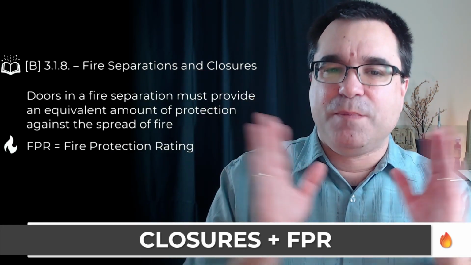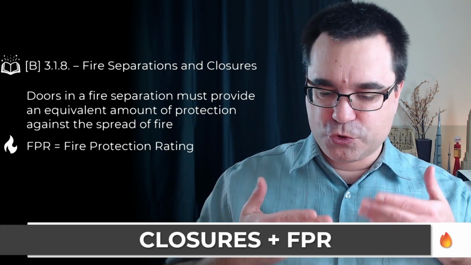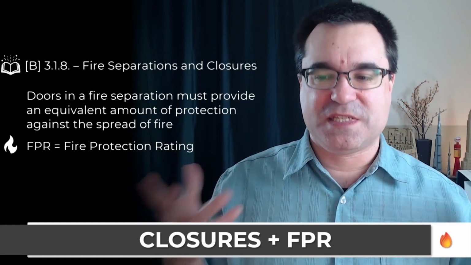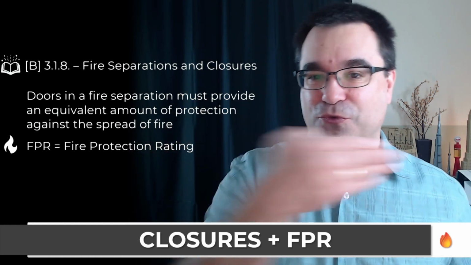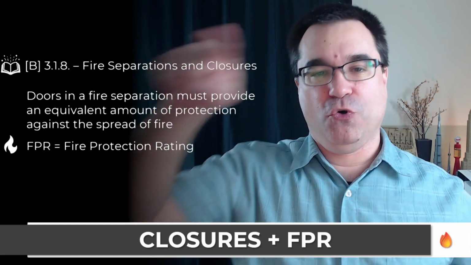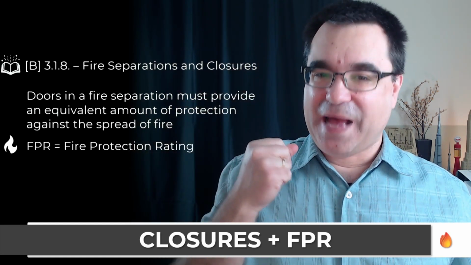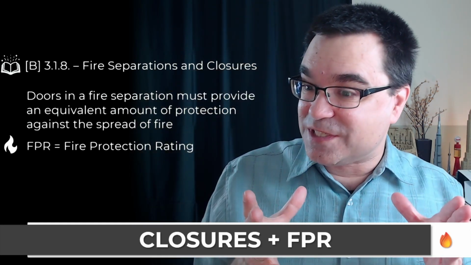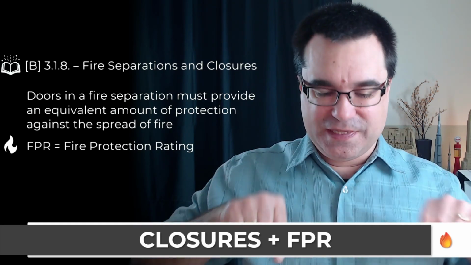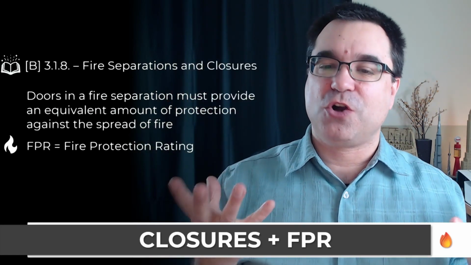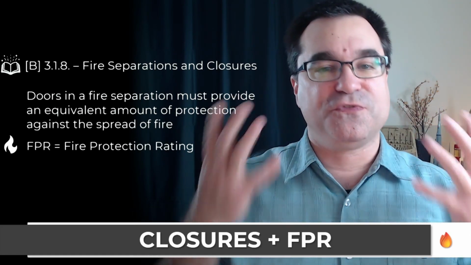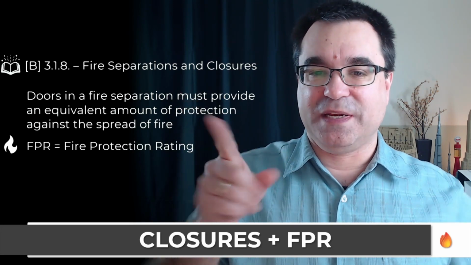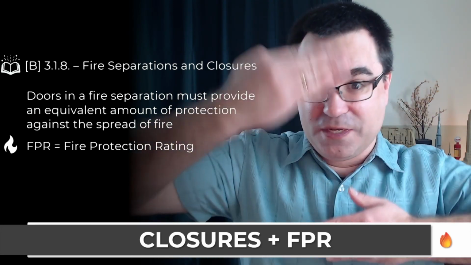But as a reminder, the whole point of having closures in a fire separation is that for people to move from one space to another in a building, they have to go through walls. So people punch holes through walls. However, if that wall needs to be a fire separation, that wall must be continuous. So you have to make sure that that hole that's punched through does not cause that fire separation to lose its fire integrity to prevent the spread of fire. That's where closures come in, because they close those holes in walls.